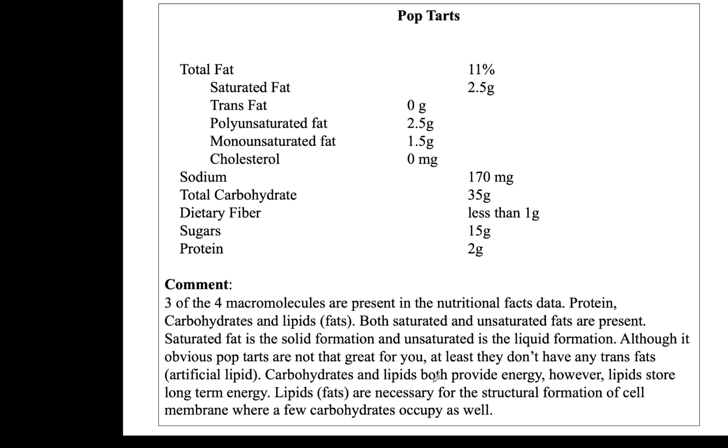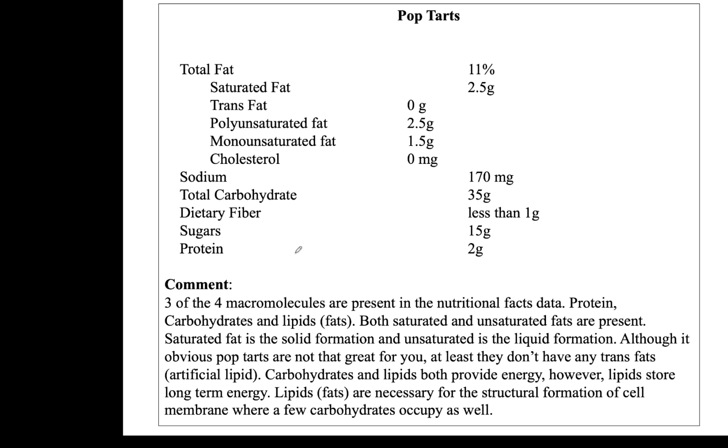Carbohydrate and lipid both provide energy. However, lipid stores long-term energy. Lipids are necessary for the structural formation of the cell membrane, where a few carbohydrates occur as well. So, in your comment, you need to write some information related to three kinds of macromolecules: protein, lipid, and carbohydrate.